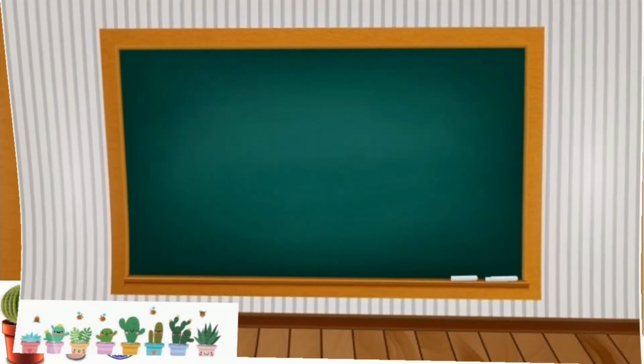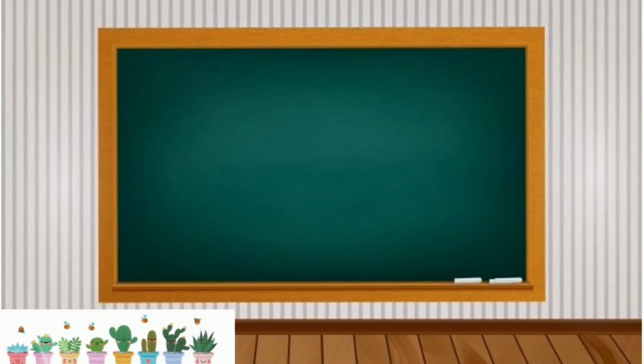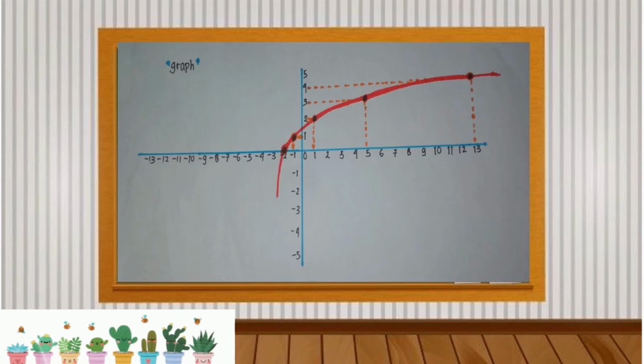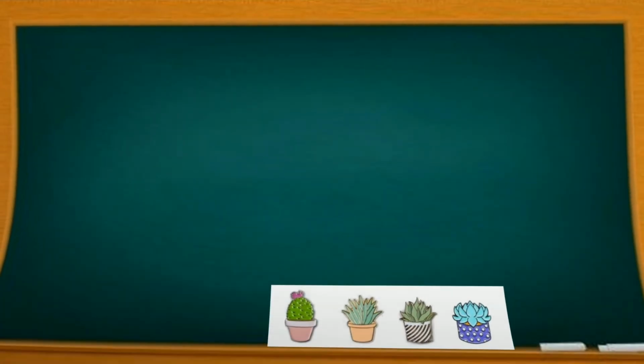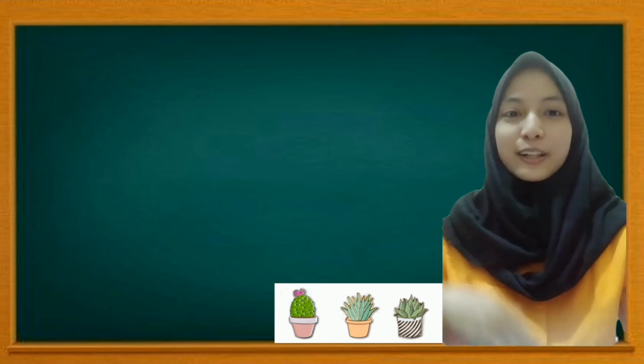Next, therefore, we can get the result and then we draw the graph. The picture of the graph is shown in this slide. Okay, next, we verify using the calculator.